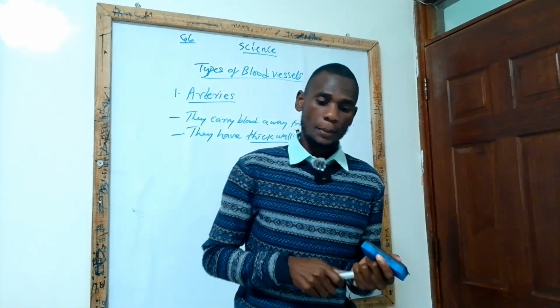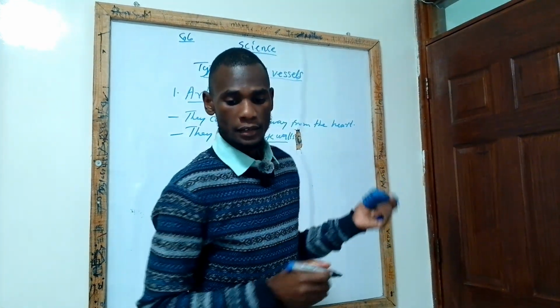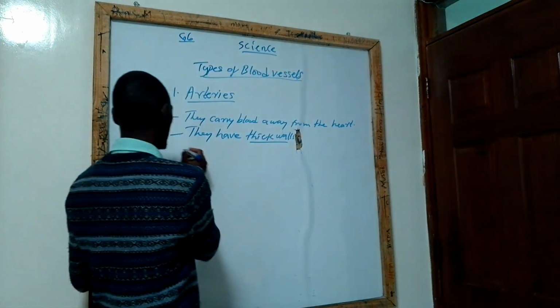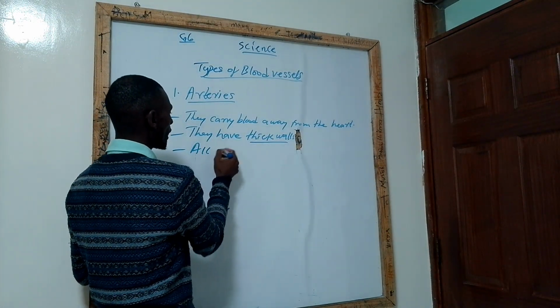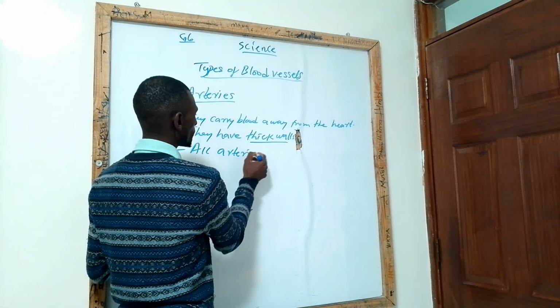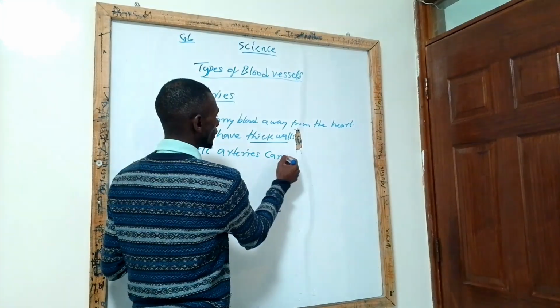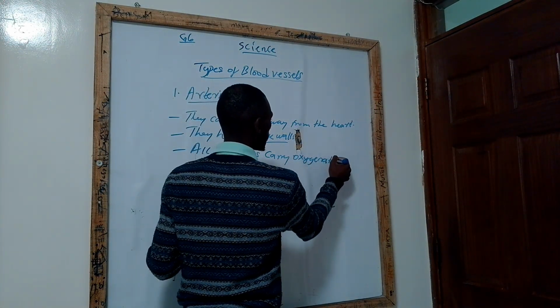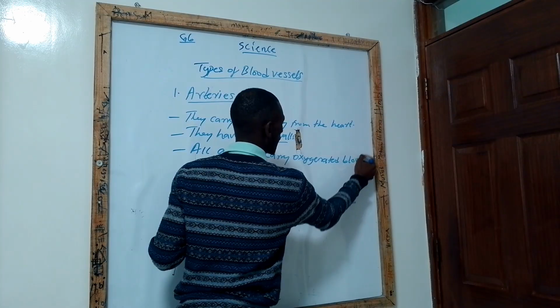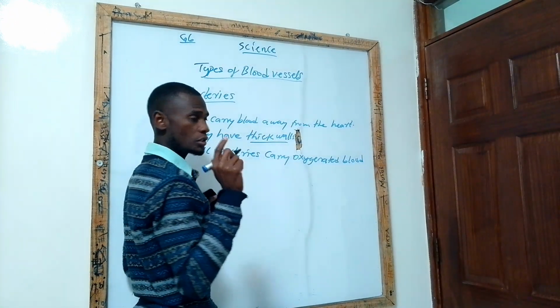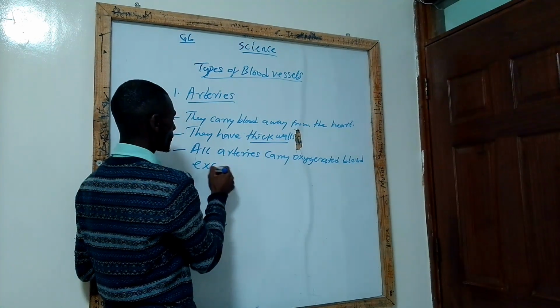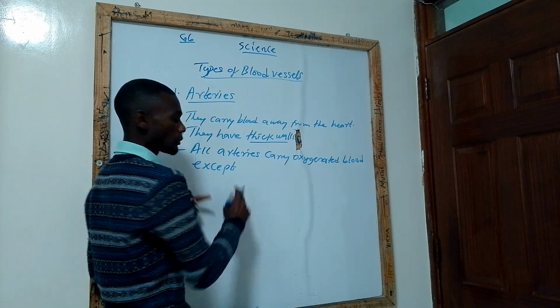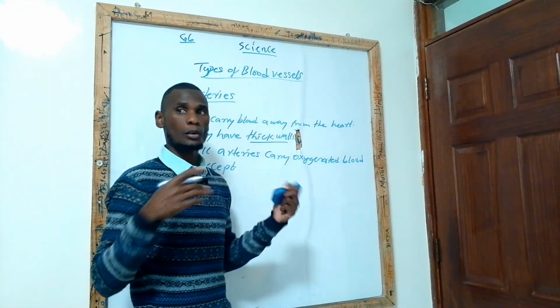Another characteristic, all arteries carry blood rich in oxygen, except, so all arteries carry oxygenated blood. That means blood with oxygen, except, so there is this word except. That word except means not all of them.